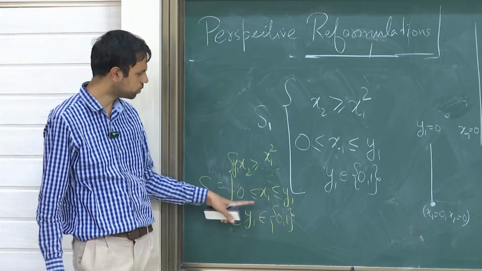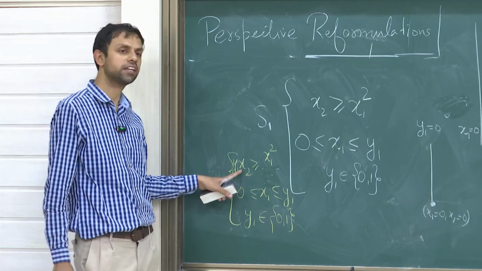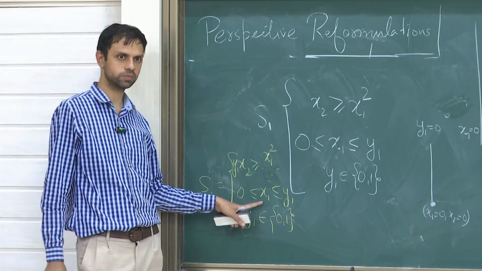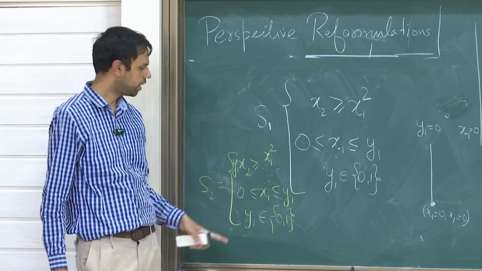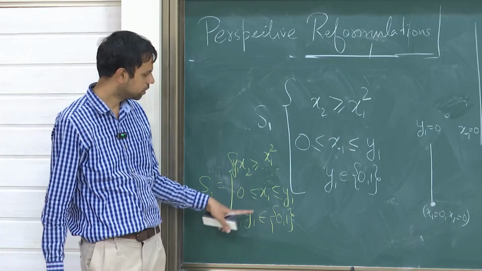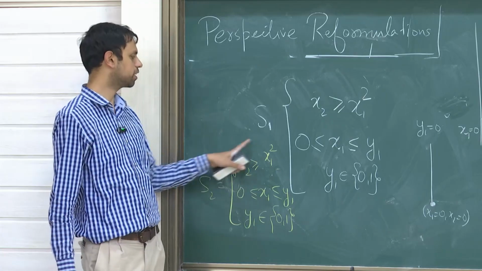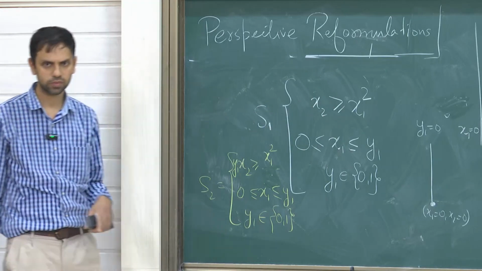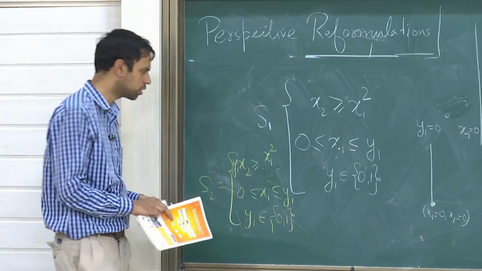Because when y1 is 0, x2 can take any value, but x1 can take only 0. And when y1 is 1, I get my original constraint back. So S1 is equal to S2.